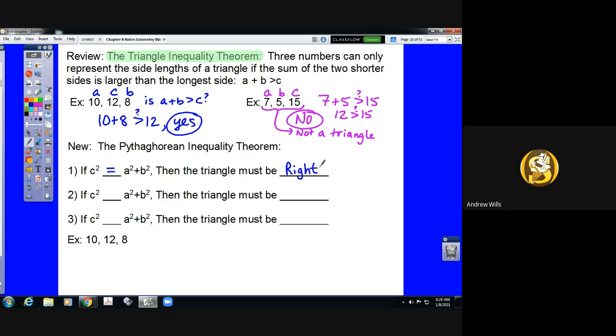But as it turns out, if C squared is less than A squared plus B squared, then the triangle we're looking at has to be acute. And if C squared is greater than A squared plus B squared, then the triangle must be obtuse.